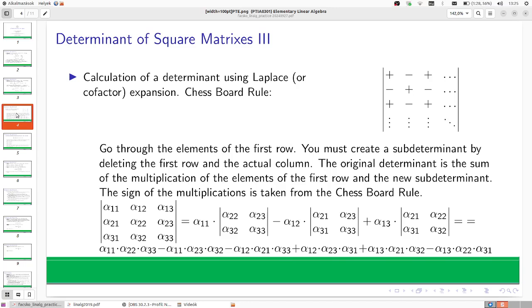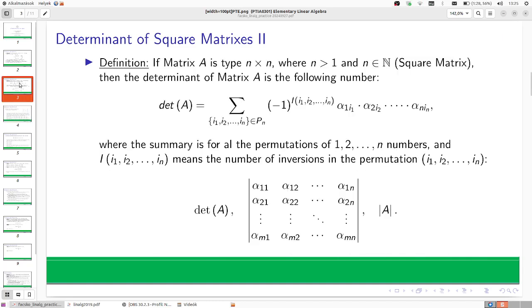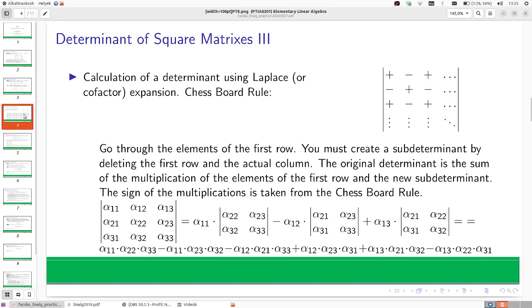You calculate minus 1 to the power 3, then the sign is minus. Is it understandable? Actually, what I draw is this ugliness here, that's why we just call it the chessboard rule. Okay, so we need the constant, we need the subdeterminant, and we need the sign.